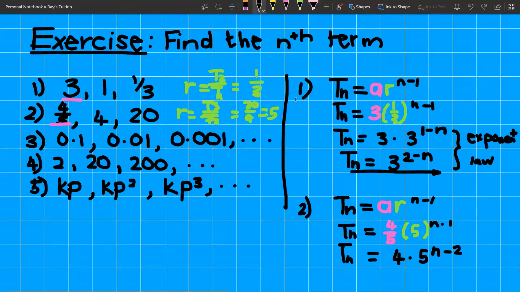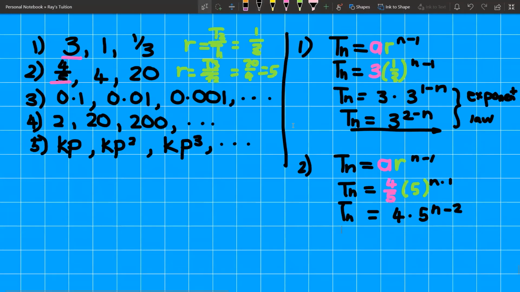Okay, so let us have a look at the next one. So we have Tn is equal to, once again, A times R to the power of n minus 1. In the place of A, we put our first term. What is our first term for the sequence? It is 0.1.